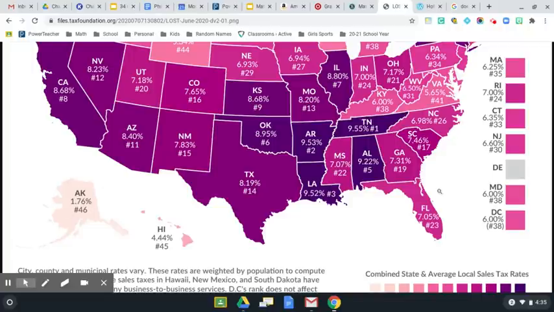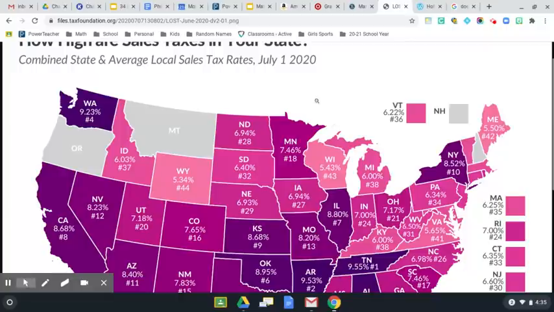All of those shaded in gray actually have no sales tax. So that does happen. There are states that don't charge sales tax. They rely on other forms of tax to help various things in their state. And so it's just a very interesting thing to see the different sales tax rates amongst the United States.